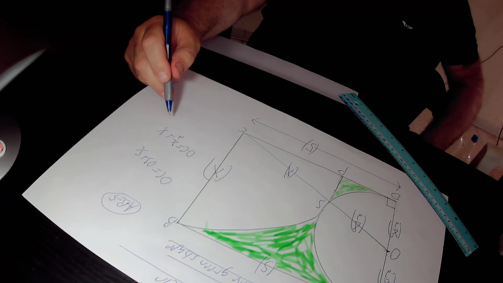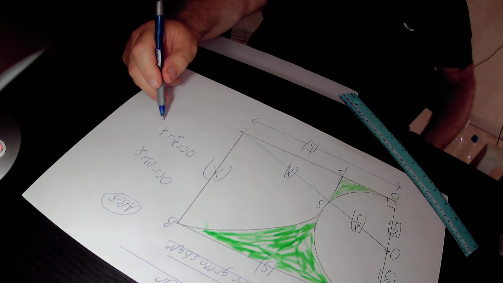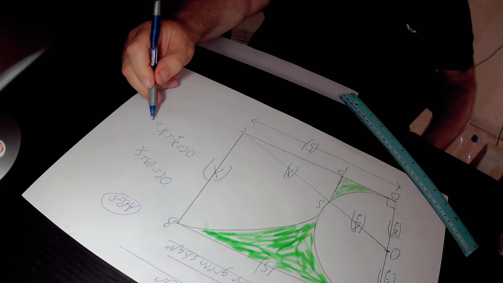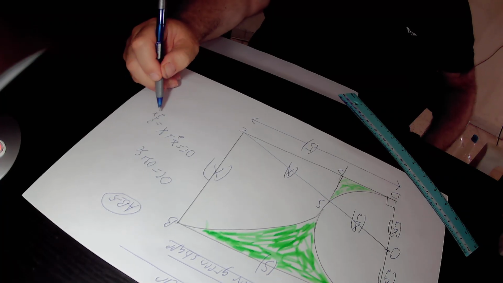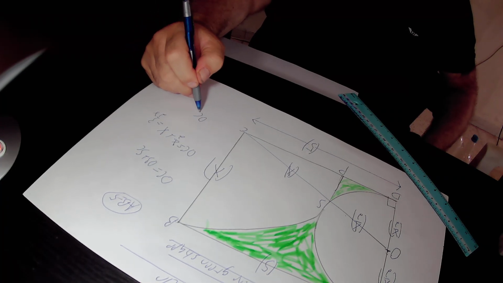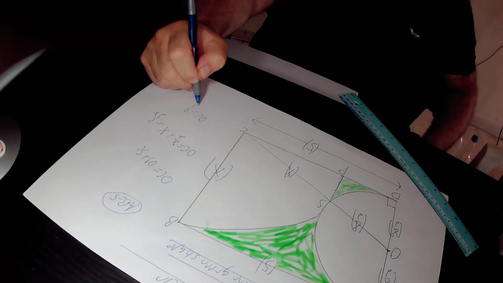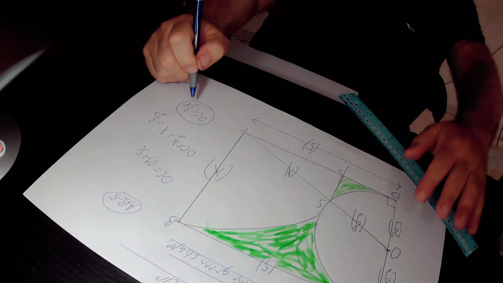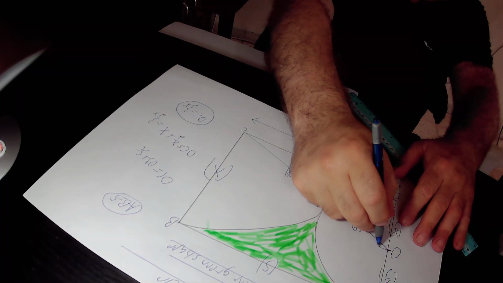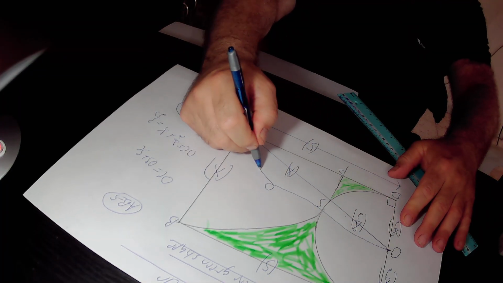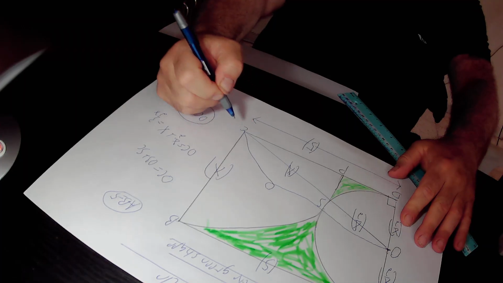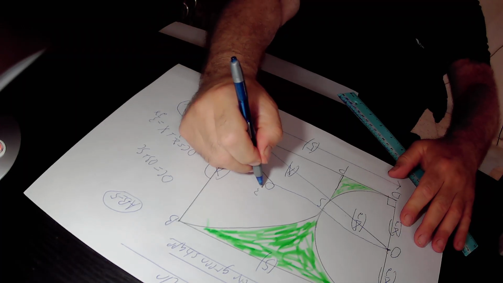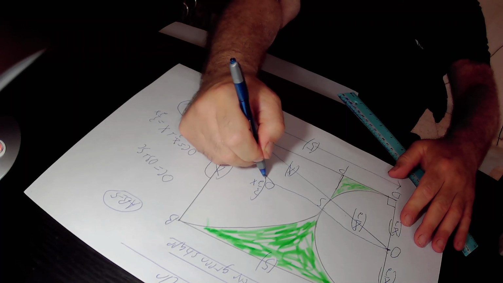So in total, OC equals x over 2 plus x, that is 1.5x, or 3 over 2 x. So in conclusion, we found out that line segment OC equals 3 over 2 times x units in its length.